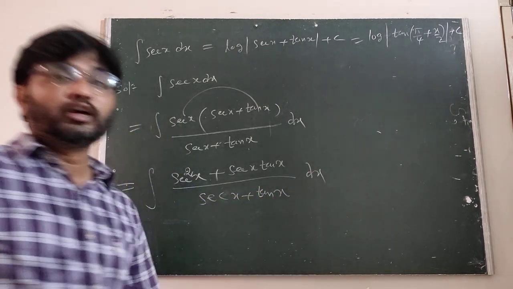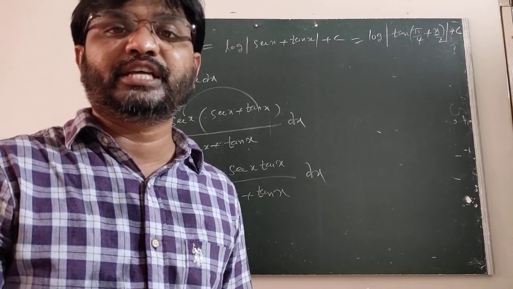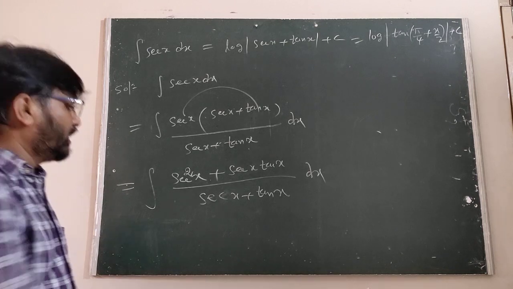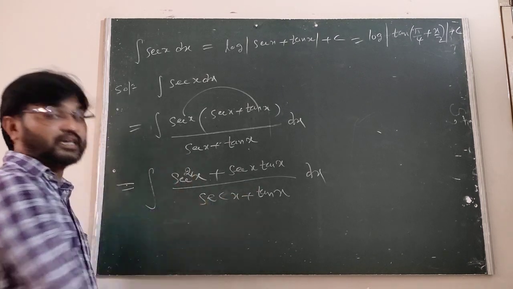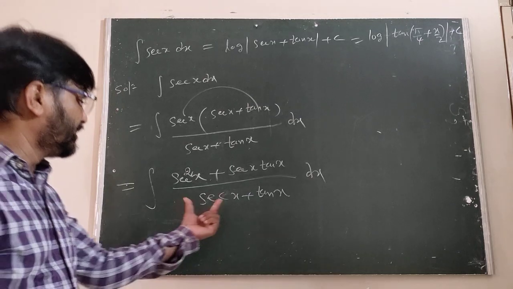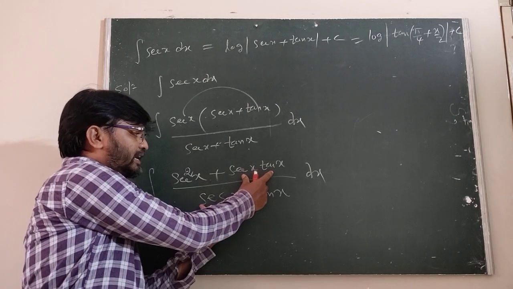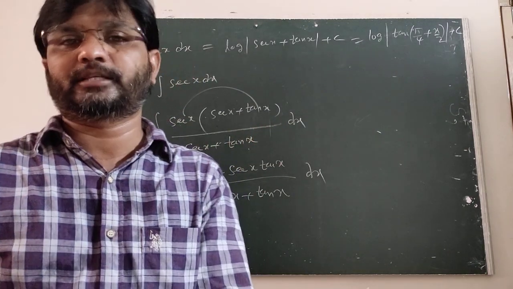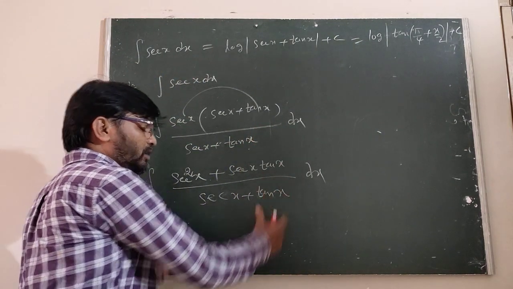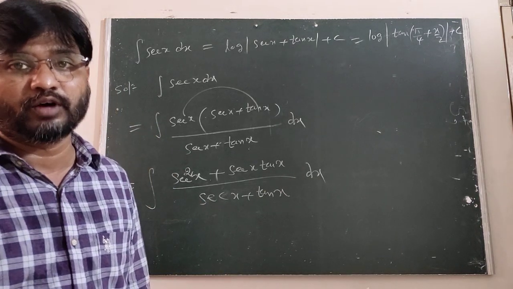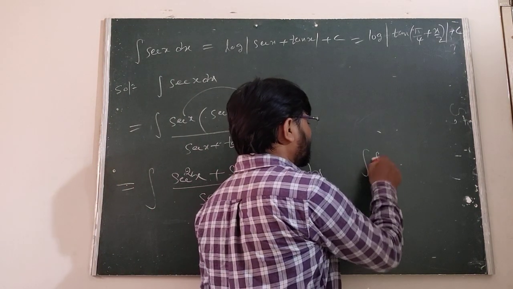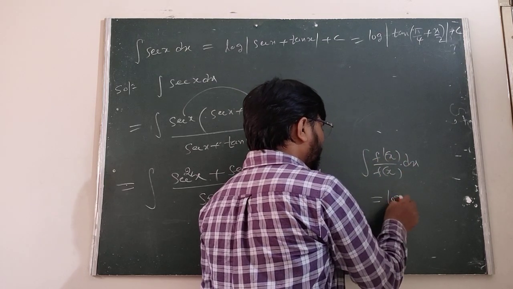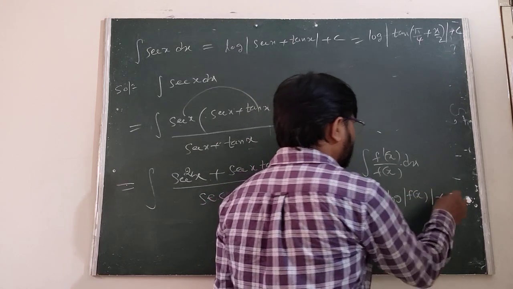Everyone observe why we are taking the multiplication and division with secant x plus tan x. That means we are getting the derivative of tan x is secant square x, and the derivative of secant x is secant x tan x. That's why we are getting f dash of x by f of x. Now this complete one is in the form of f dash of x by f of x. Therefore, the integral of f dash of x by f of x into dx is log mod of f of x plus c.